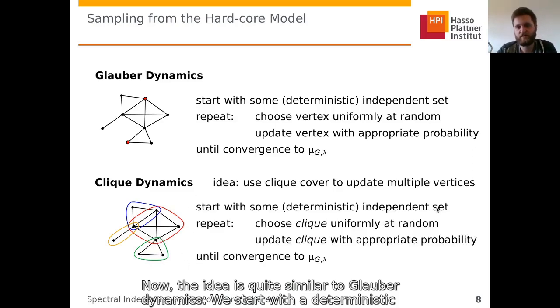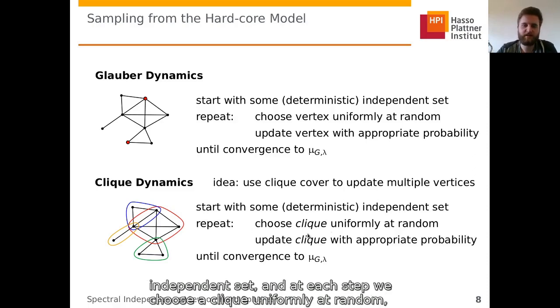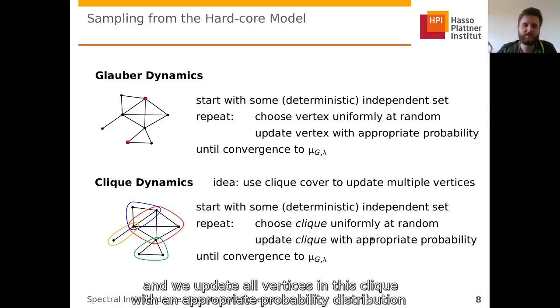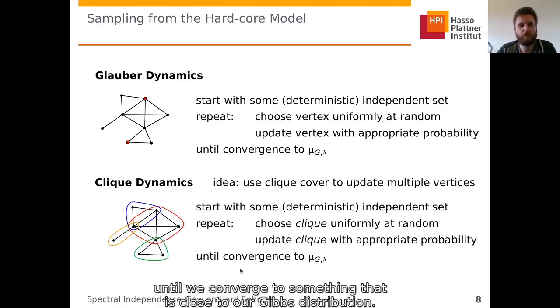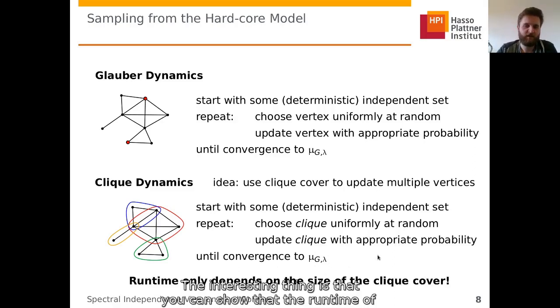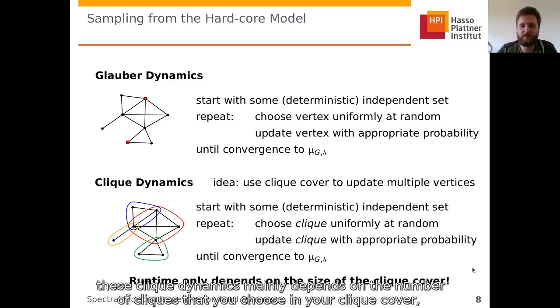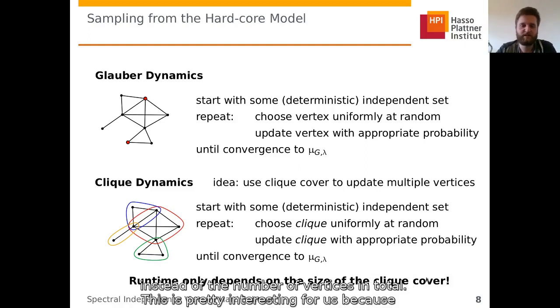We start with a deterministic independent set, and at each step we choose a clique uniformly at random, and we update all vertices in this clique with an appropriate probability distribution until we converge to something that's close to our Gibbs distribution. Now the interesting thing is that you can show that the runtime of these clique dynamics mainly depends on the number of cliques that you choose in your clique cover instead of the number of vertices in total.